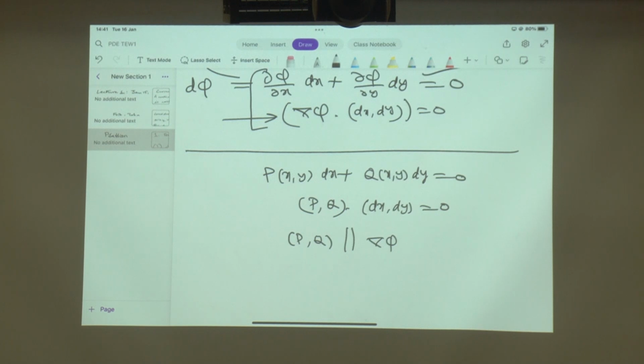So that means our p is nothing but some constant times dou phi by dou x, and q is the same constant times dou phi by dou y at every point. So the constant C can depend on xy. The constant of proportionality can be a function of xy.